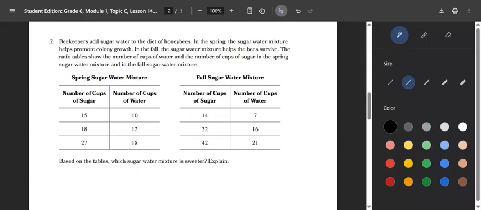Explain. All right, again, there's no ratio on the tables that are the same. No parts are the same, so we've got to make some of the parts the same.